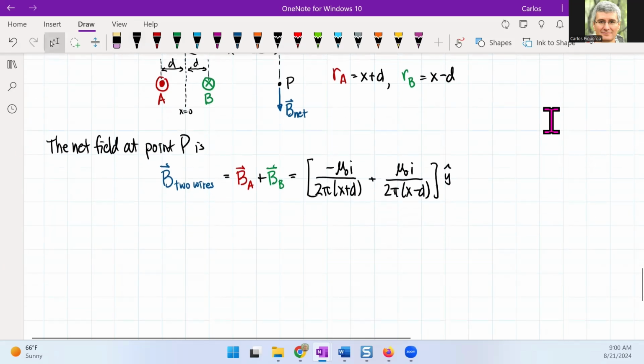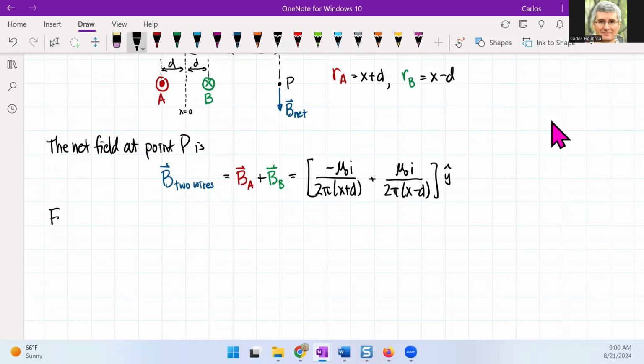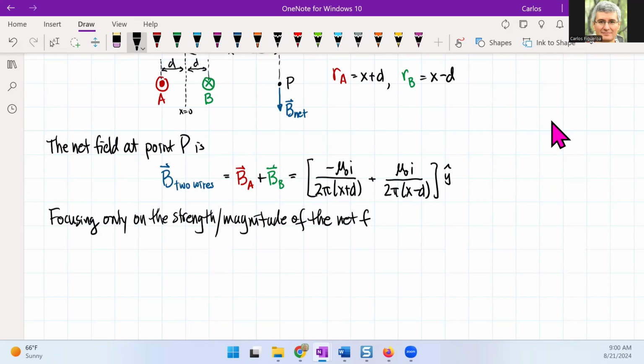So focusing just on the magnitude, because we know the direction, focusing only on the strength slash magnitude of the net field, we can rewrite that.